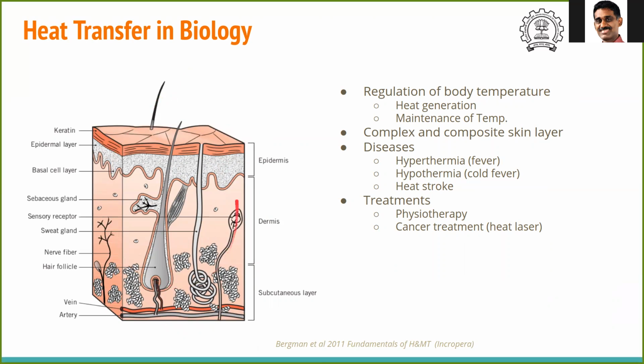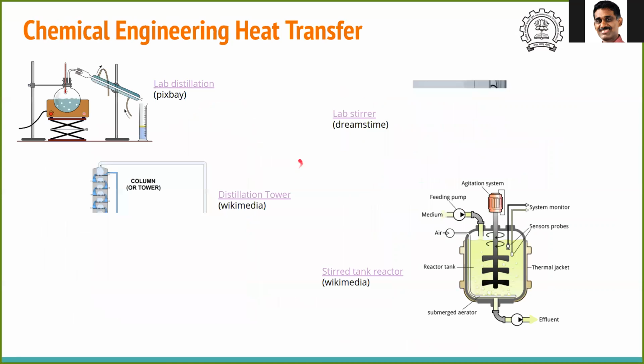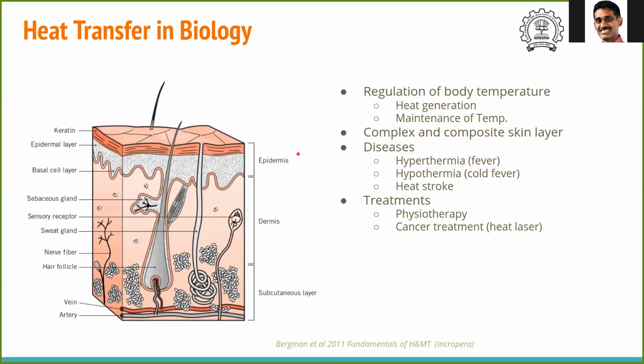So the natural design that came from evolution, understanding that is also important to understand several diseases. For example, diseases such as hyperthermia, that is excess temperature, or commonly known as fever, or hypothermia, where you have cold fever, or heat stroke that you get in very hot climates.